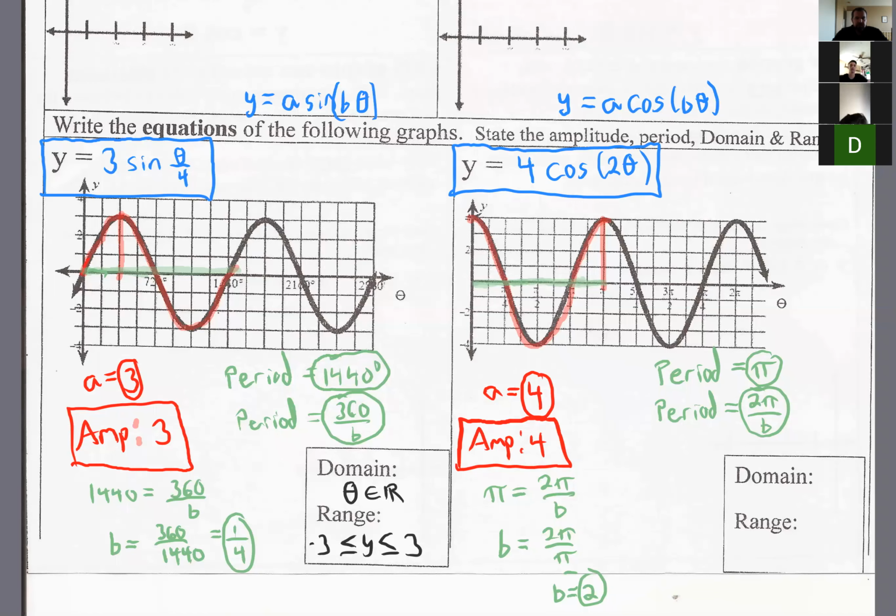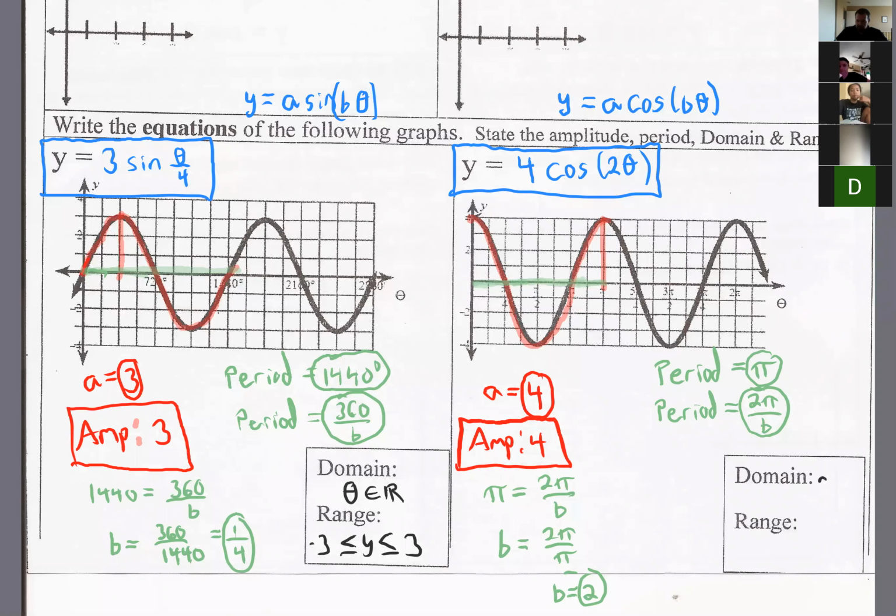Okay, so are there any questions before I clear this screen off? You didn't do the domain and range. You're right. So let's do the domain and the range. The domain is theta is all real numbers.